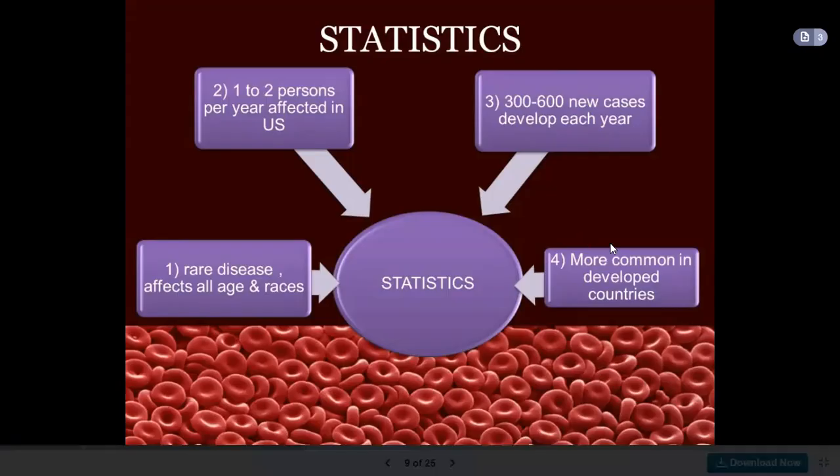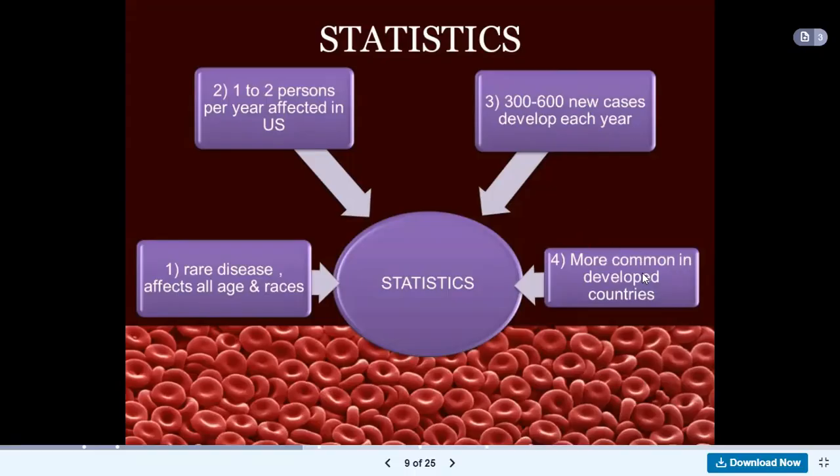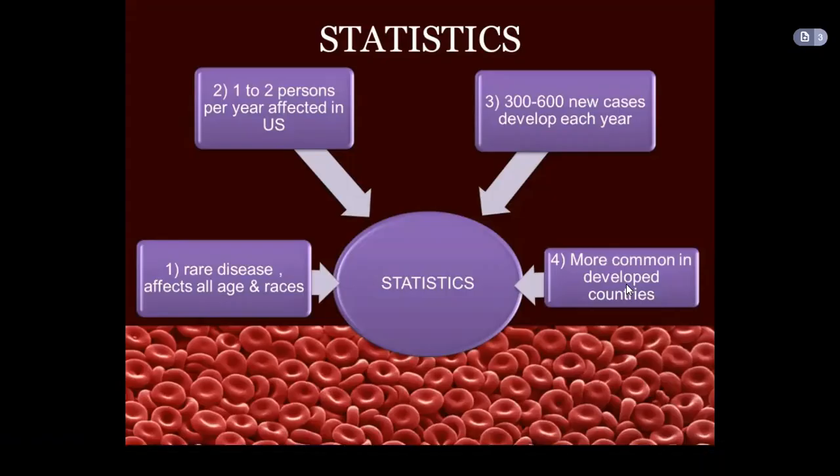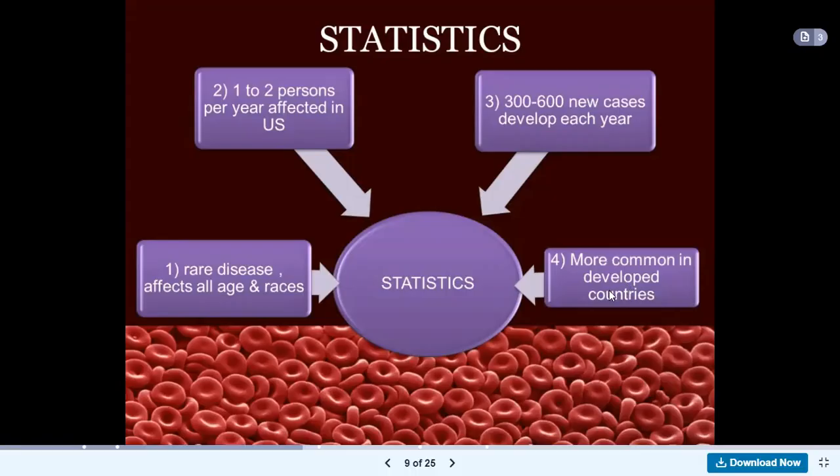And then it is more common in developed countries. So it is not a disease for the poor people. That doesn't mean that poor people cannot get it anyway. So this is what you need to know about the epidemiology of aplastic anemia.